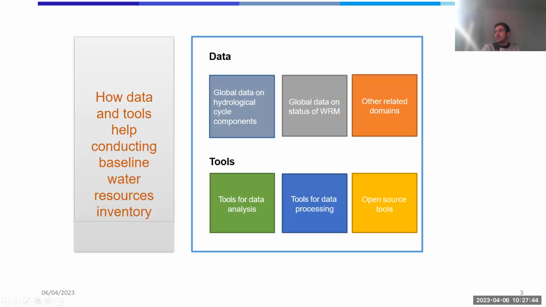So how do data and tools help in conducting a baseline water resources inventory? Regarding the data, as you see here, there is global data on hydrological cycle components, like precipitation, evapotranspiration, and so on. And also global data on the status of water resources management and other related domains, like land use and land cover.